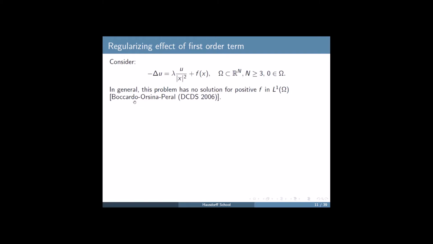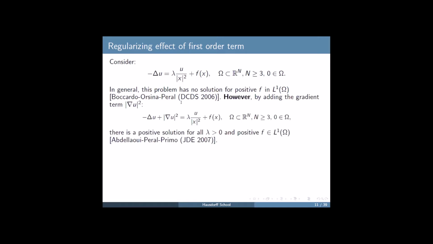That was proved by Boccardo, Orsina, and Peral. However, if you add a quadratic term in the gradient, like this, on the left-hand side, then this problem now has a solution for any lambda and any positive function f in L1.